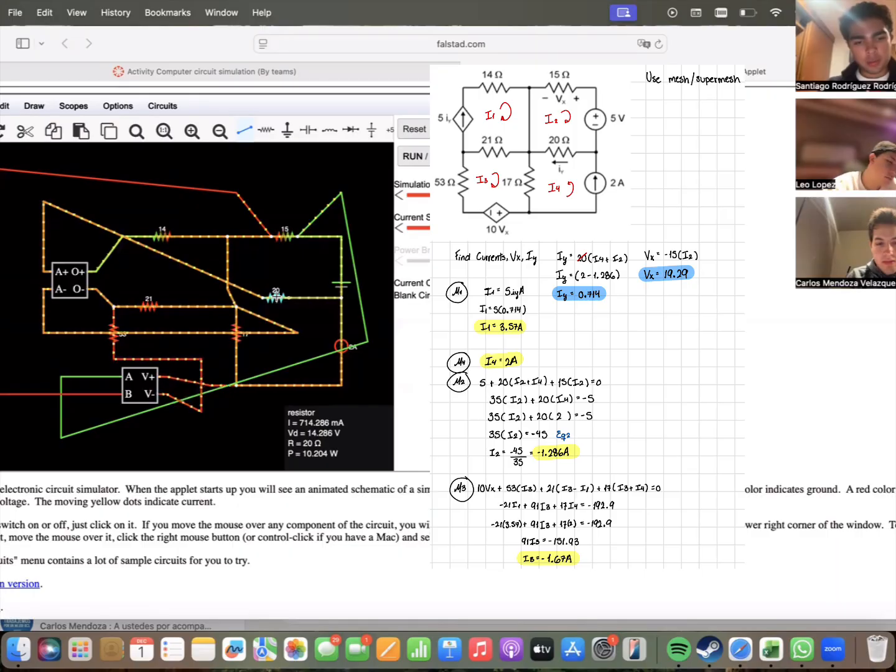And for the Vx, which is the voltage across the resistance of 15 ohms, we can observe that we got a voltage of 19.29, which is the same as the value that we obtained in our calculations made by hand. So with this, we can conclude that our calculations made by hand were correct and that our circuit made on the software is functioning correctly.